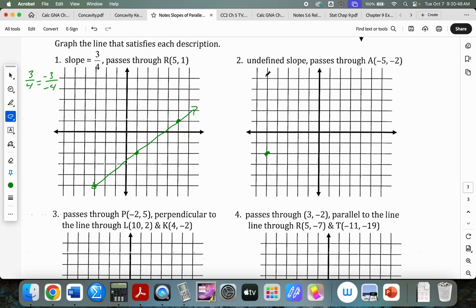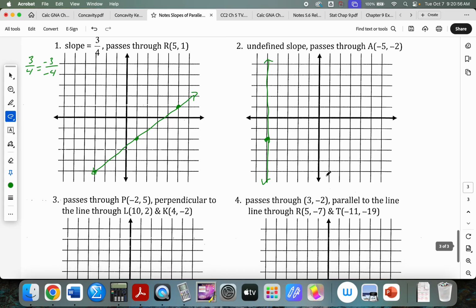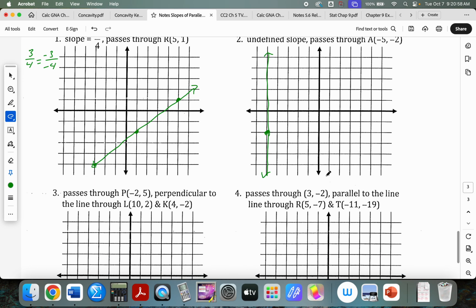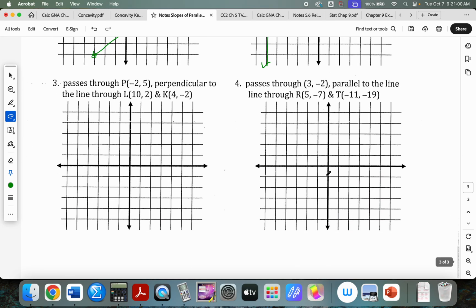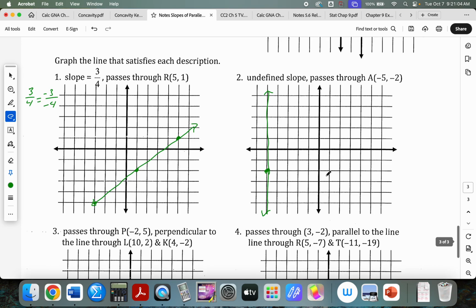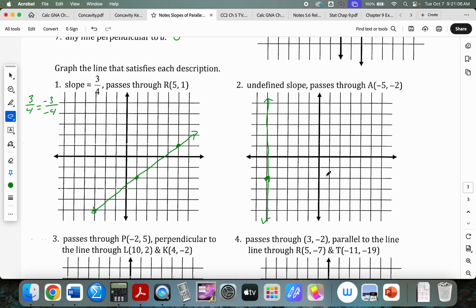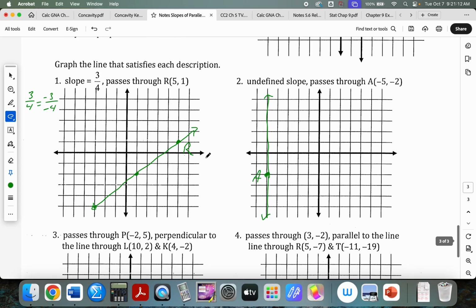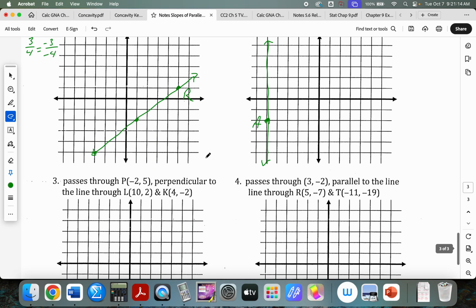Vertical, yeah. And I guess since it called that point A, I should probably call it what it called it.